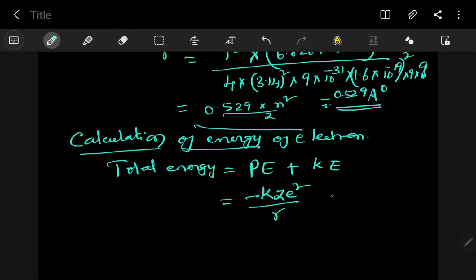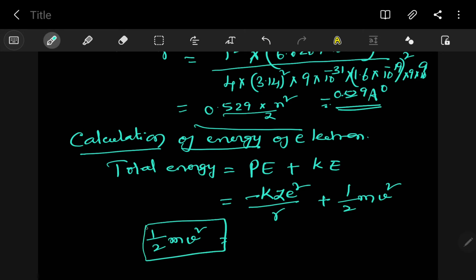What is the formula for the kinetic energy? Half mv square. Now we want to write this half mv square in terms of kz e square by r. We know mv square by r, that is the centrifugal force, is equal to k z e square by r square.